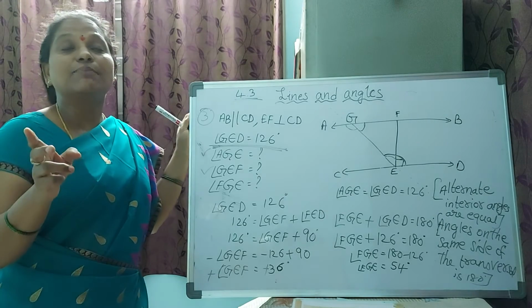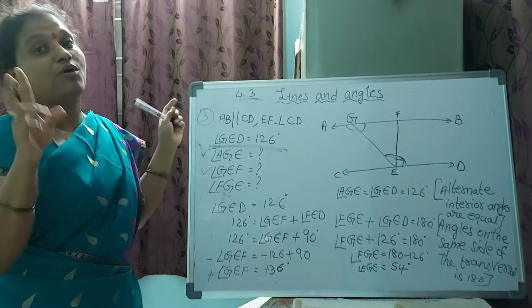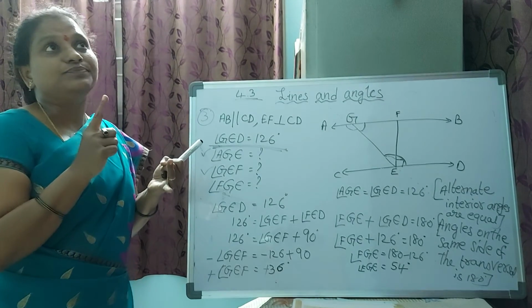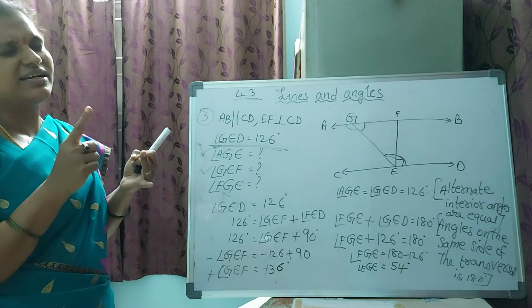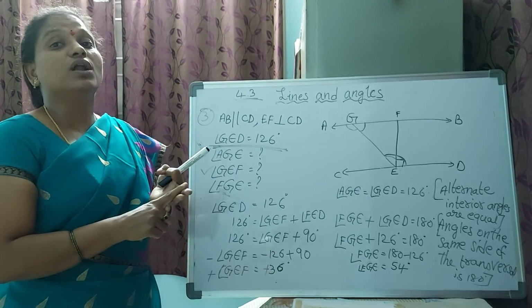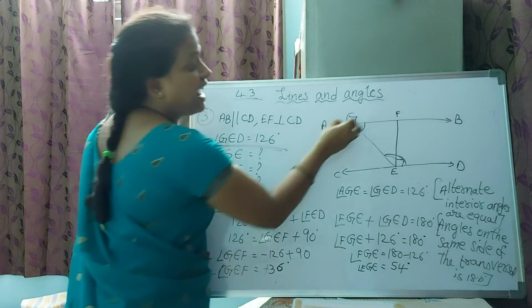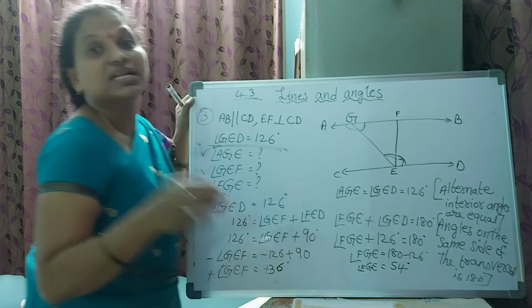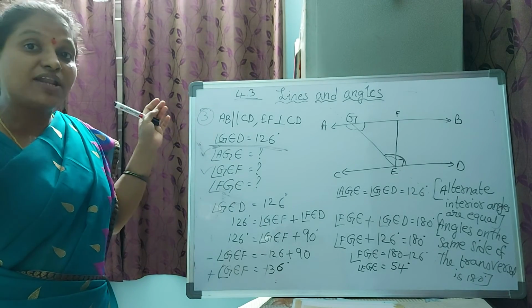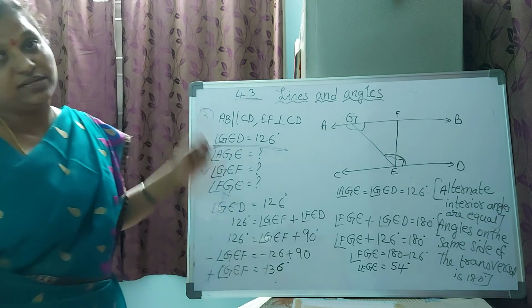If two lines are parallel and a transversal meets the two lines at two distinct points, then alternate angles are equal, corresponding angles are equal, alternate exterior angles are equal, and interior angles on the same side of the transversal are supplementary. Those four points, if they are in your mind perfectly, then you can understand this one nicely. Okay, thank you.